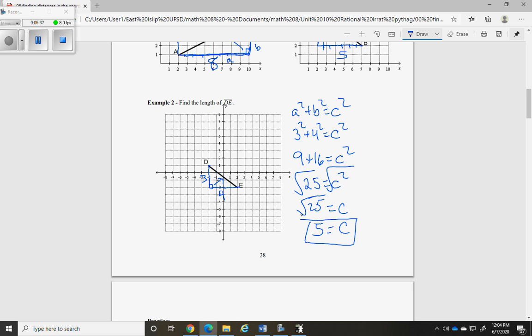I have to point out that this is a special right triangle since all of the sides, the 2 legs and the hypotenuse, turn out to be whole numbers. This is called a Pythagorean Triple. It's a famous right triangle, the 3, 4, 5 right triangle.